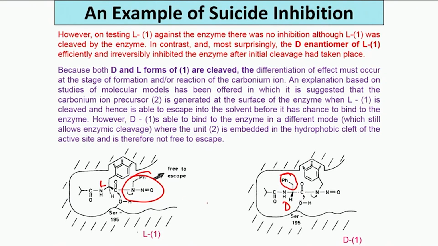But what happened here? Now this benzyl was sitting by the side of this alpha carbon. When it was L, because there was perfect match in stereochemistry, it goes and binds, and this is free to escape. When you made it D, then this molecule binds to this enzyme, but via the phenyl group of the N-nitroso part now.